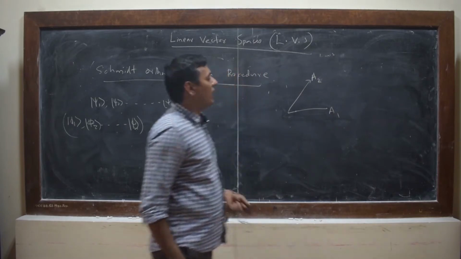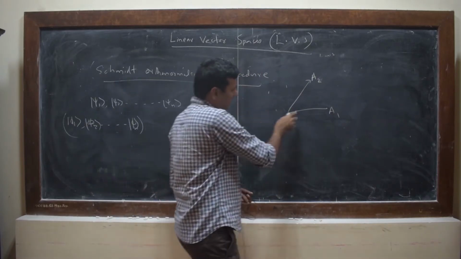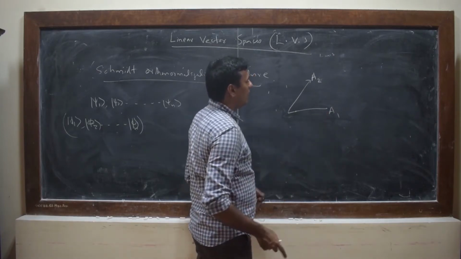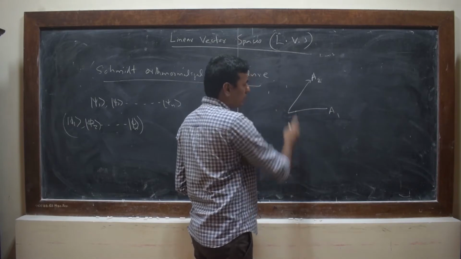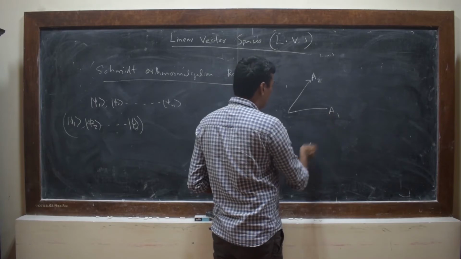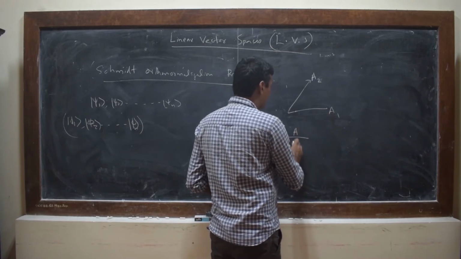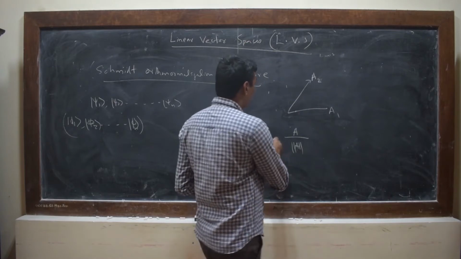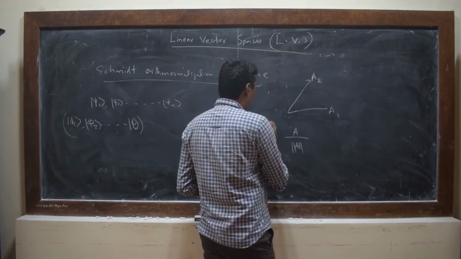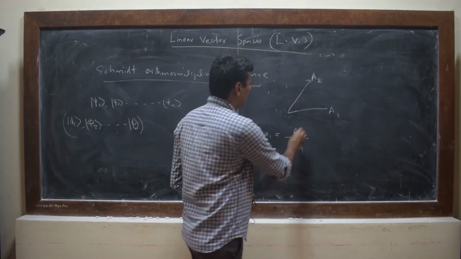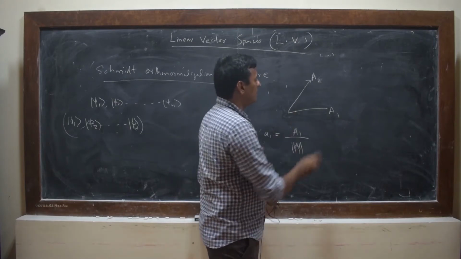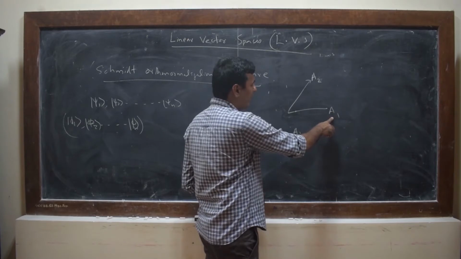Clearly, these are not orthogonal, and so to make these vectors orthonormal, I am first going to normalize the vector A1 by dividing it by its norm, and I call it a1 tilde. This small a1 is capital A1 divided by the modulus of A1. So, I normalized the first vector A1.